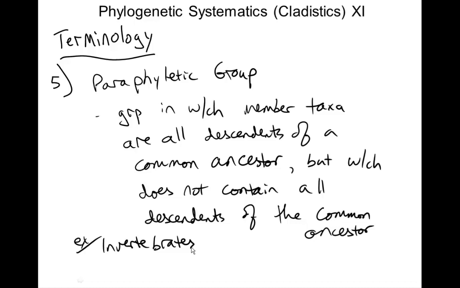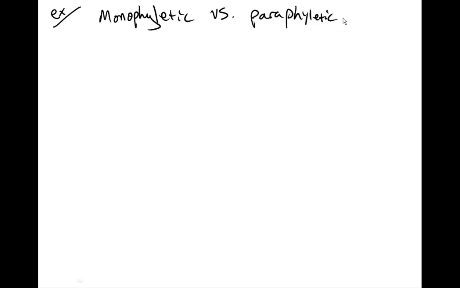So if we look at that and draw it out, our example here is a monophyletic versus a paraphyletic group. We can draw this out this way.